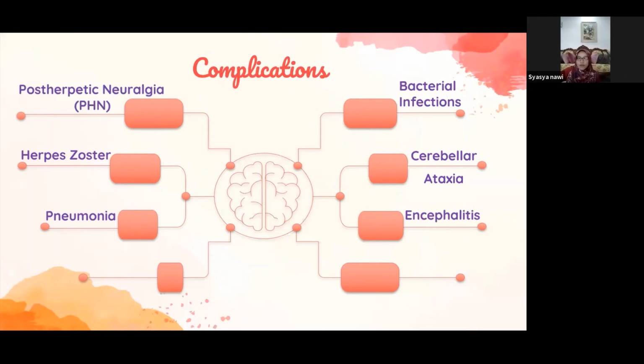Then we have post-herpetic neuralgia or PHN. It is a common complication of herpes zoster, defined as pain that persists for more than 1 month, and it is very uncommon in children. And then we have Ramsay Hunt syndrome, which usually occurs because of involvement of cranial nerve 7, the facial nerve, and can cause facial paralysis.